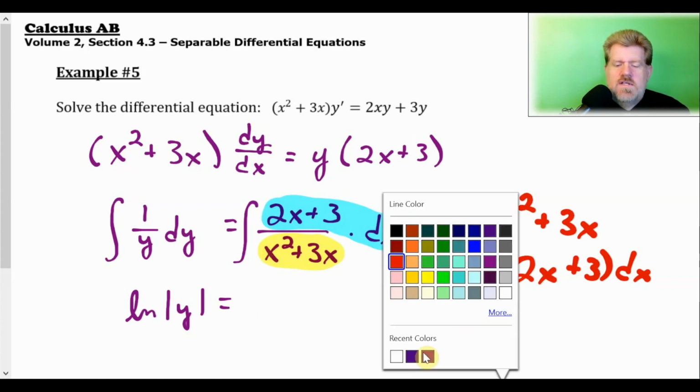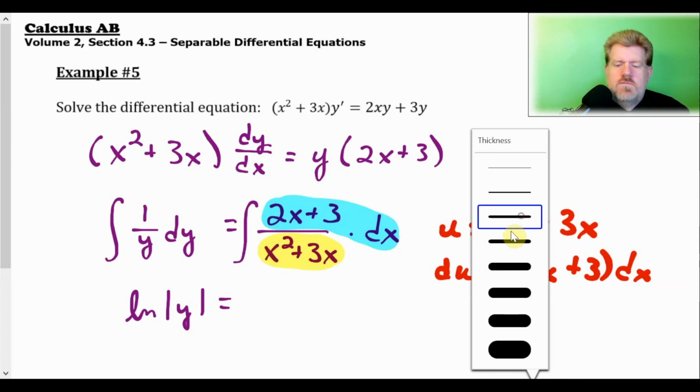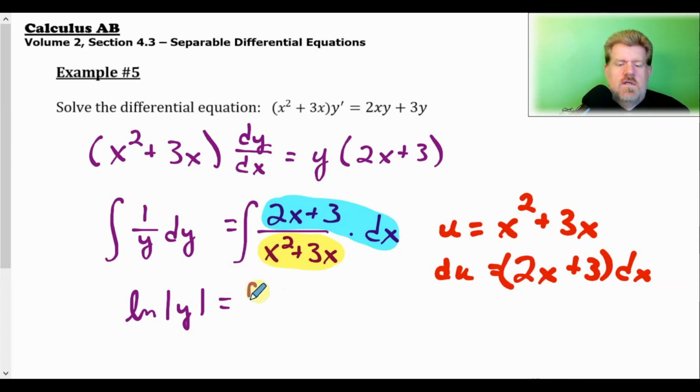So let's rewrite it now. Let's go back to our purple. So that's going to become u. This whole 2x plus 3 dx is going to become du. Remember when we do this, that u is the x squared plus 3x, and this du is the 2x plus 3 dx.